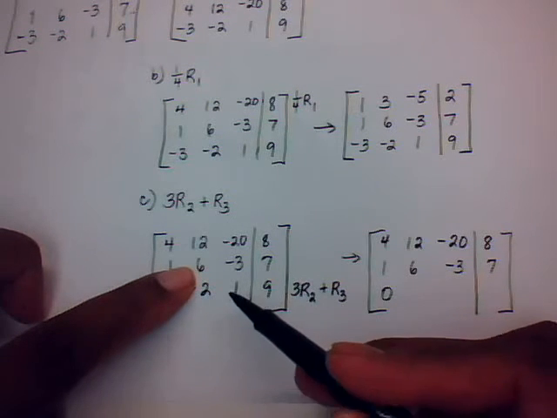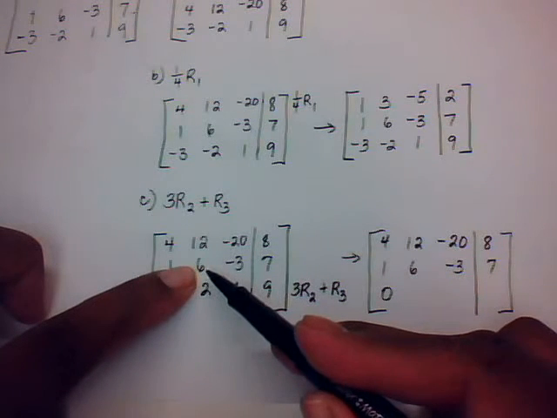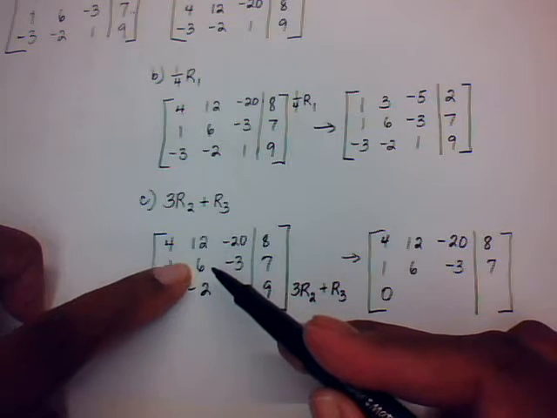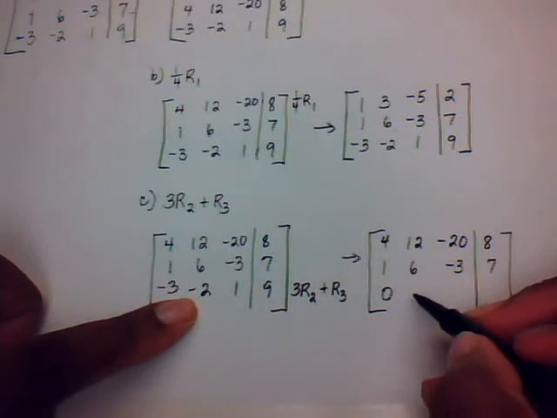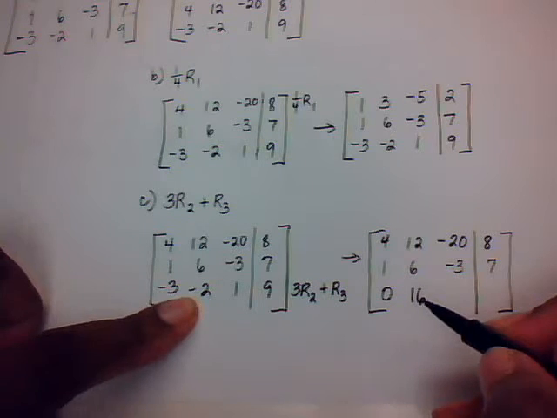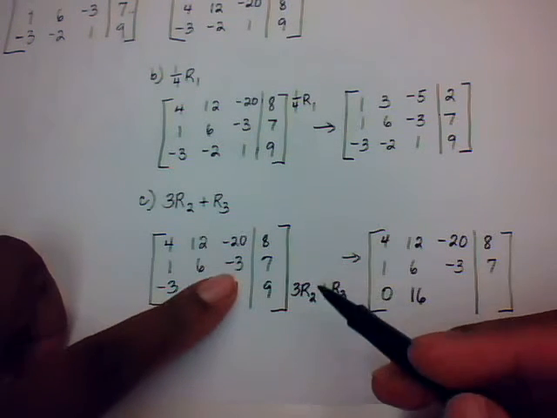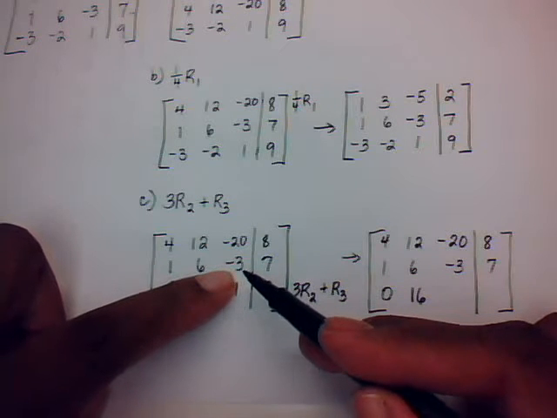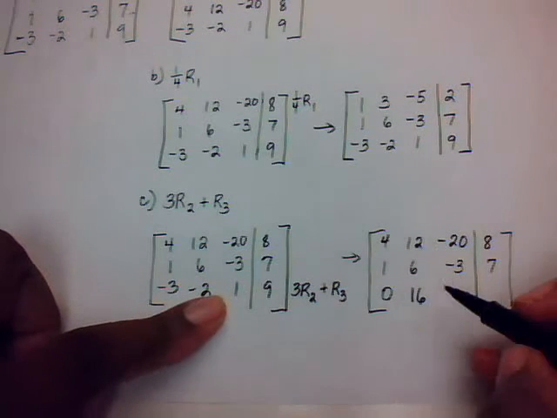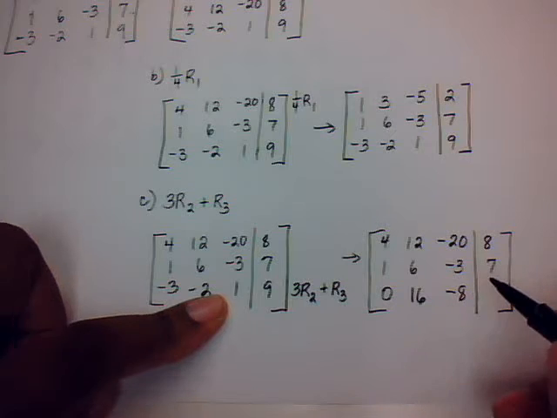And then 3 times the 6. That's 18. 18 plus this negative 2 is 16. And then 3 times this negative 3 is negative 9. Negative 9 plus 1 is negative 8.